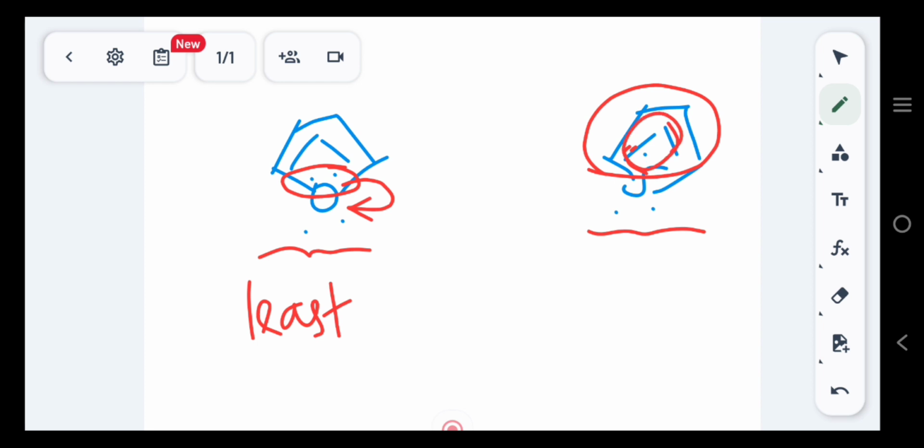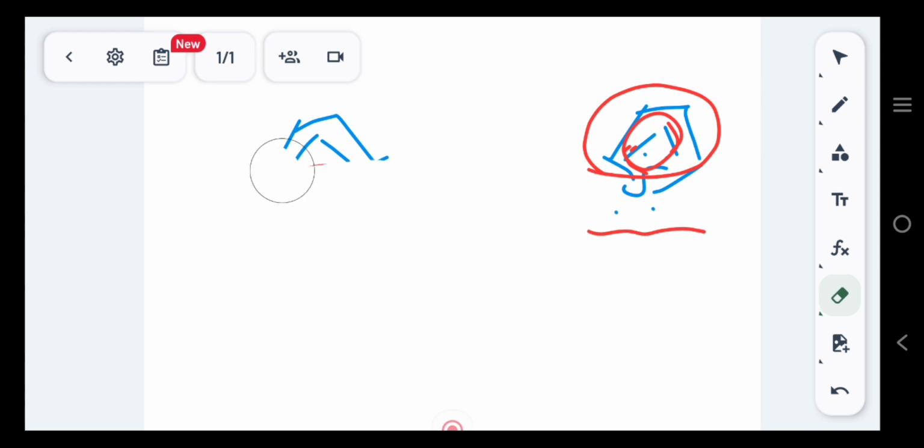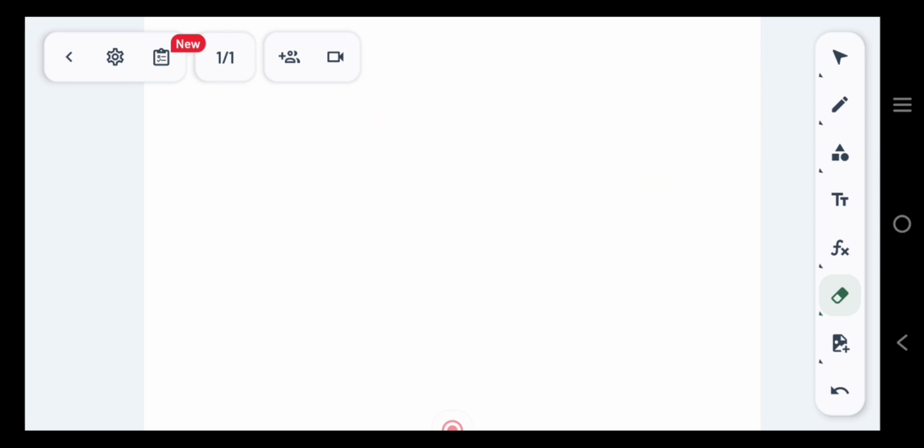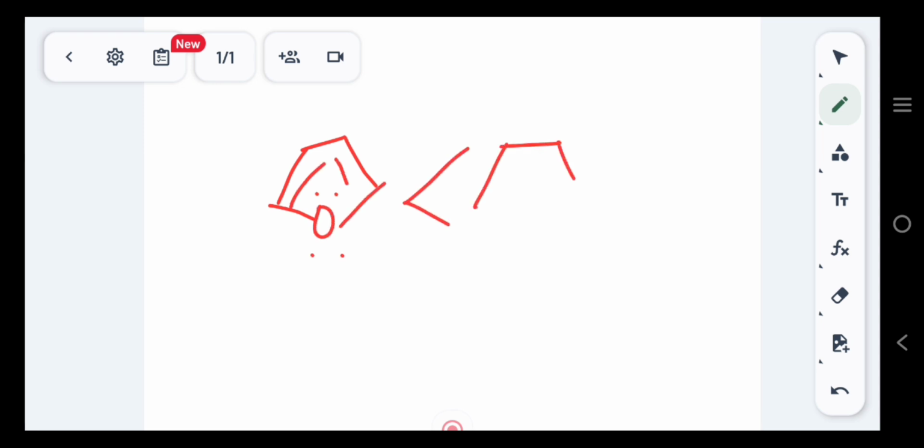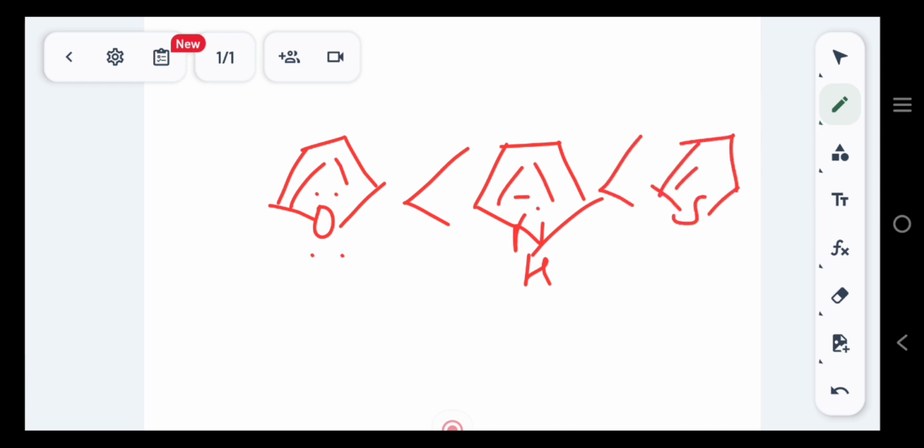So this is the concept behind that rule: aromaticity is inversely proportional to electronegativity, and hence we follow that order. That is why furan is least, then comes pyrrole, and then comes our thiophene. I hope you have understood this concept. So this is the aromaticity order.